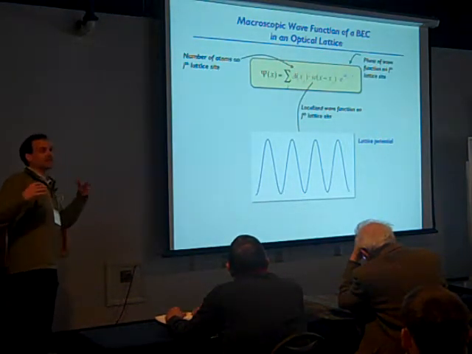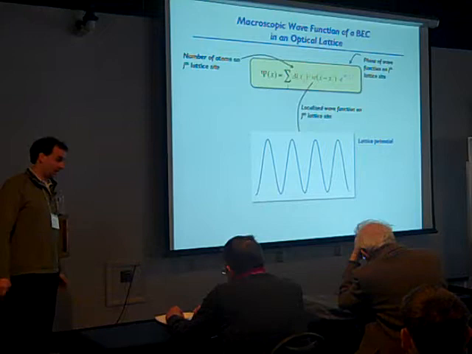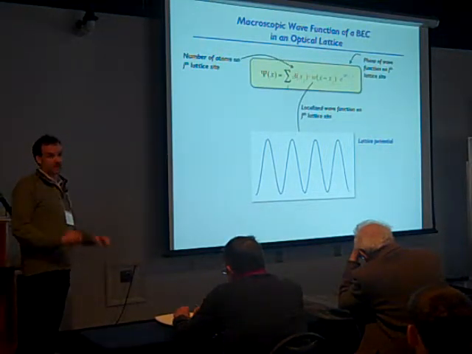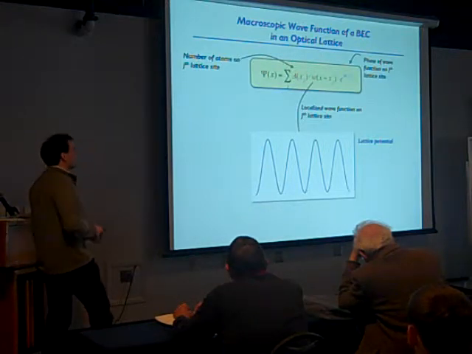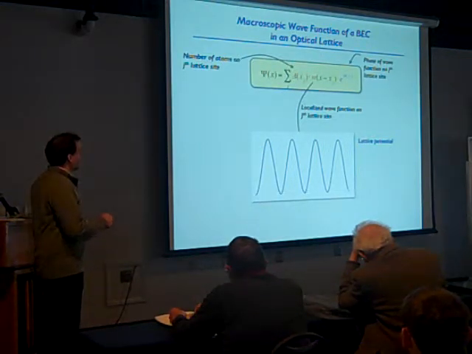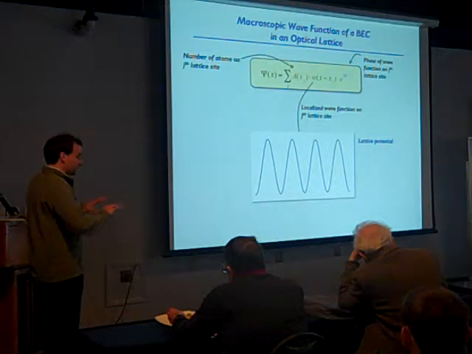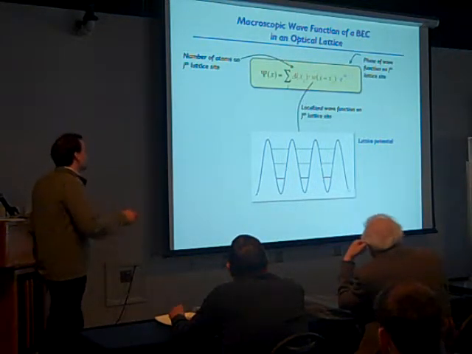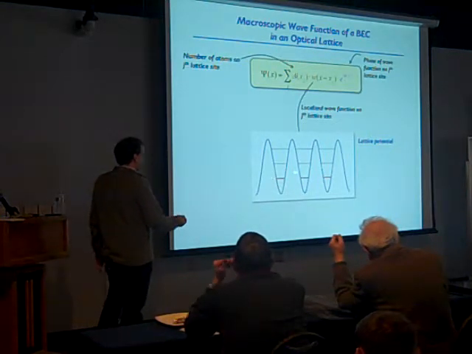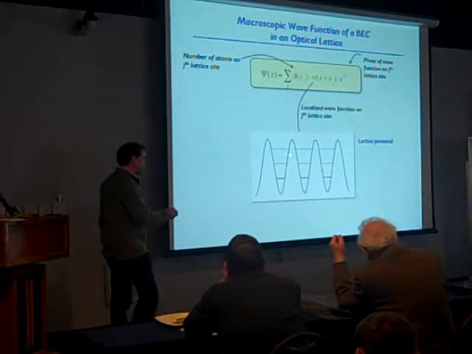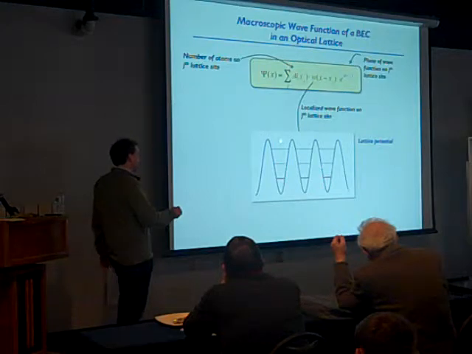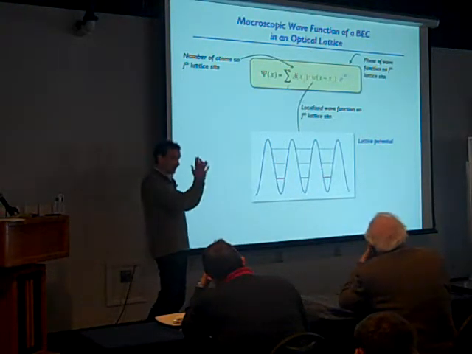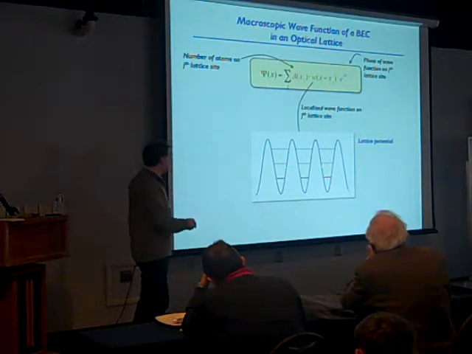Okay, so let's stay in this weakly interacting regime for now, where we forget about interaction, basically, and just have this Bose-Einstein condensate in the lattice. If our lattice gets reasonably deep, we say we're in the tight-binding regime. Each lattice site then might have multiple bound states, and you can think of this like a harmonic oscillator. Each lattice site is a bit like a harmonic oscillator, with bound states.